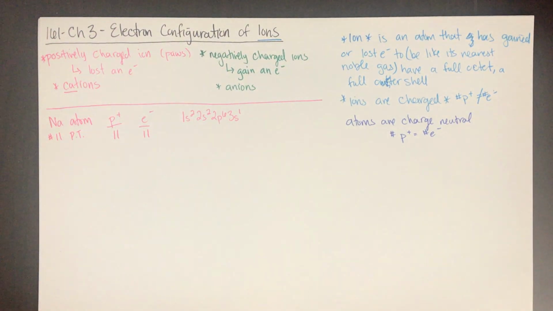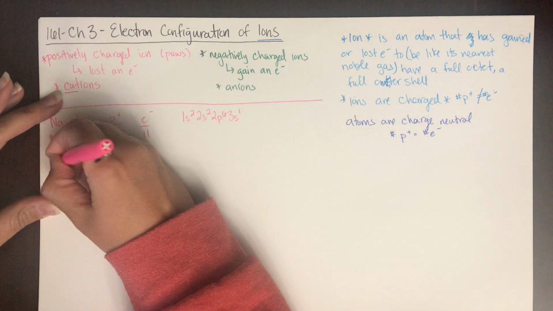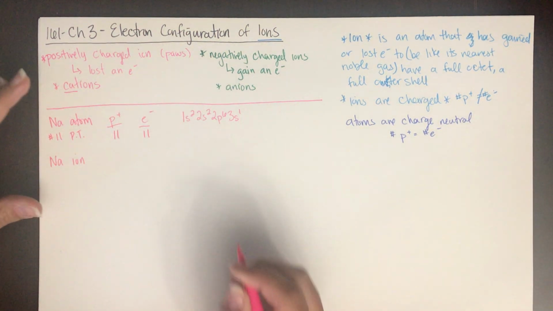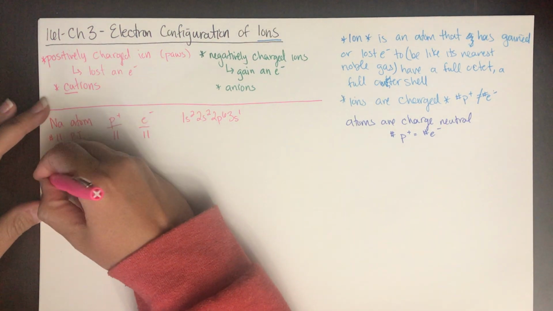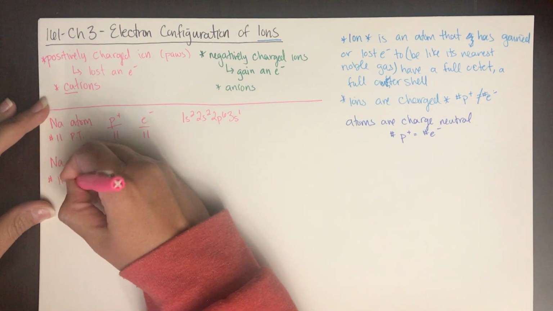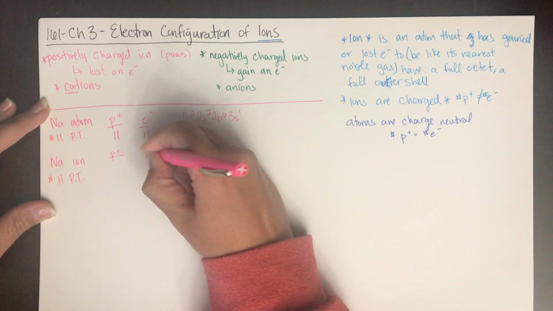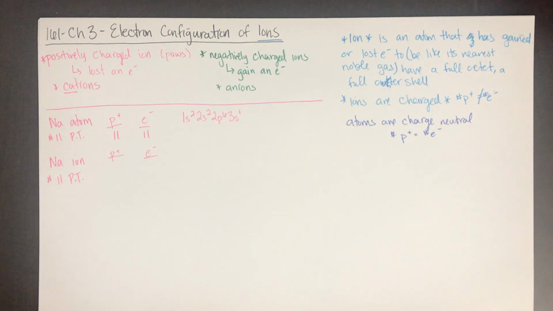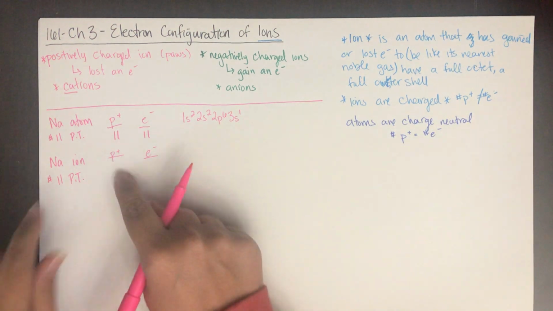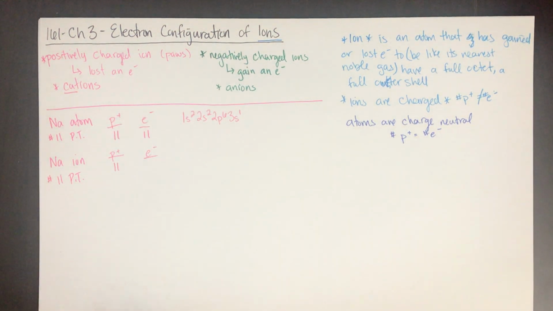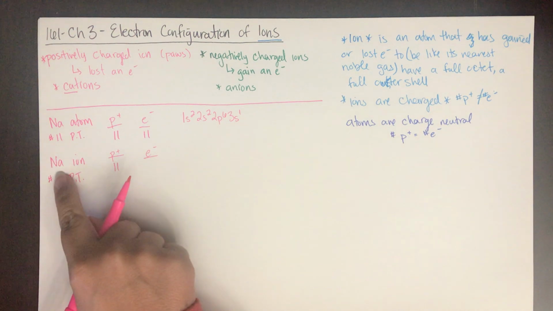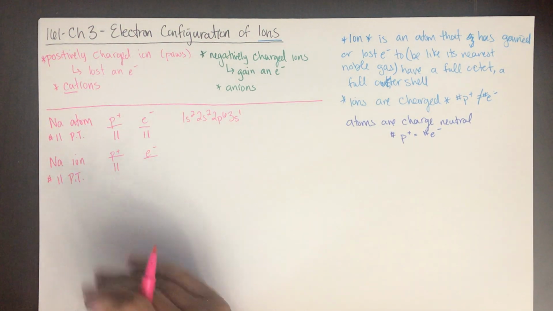Okay, so now let's look at the sodium ion. The sodium ion is still number 11 on the periodic table. Let's see how many protons there are, how many electrons there are, and then we'll write the electron configuration. The number of protons never changes. It still has 11 protons because it can't be sodium if it's not 11 protons.